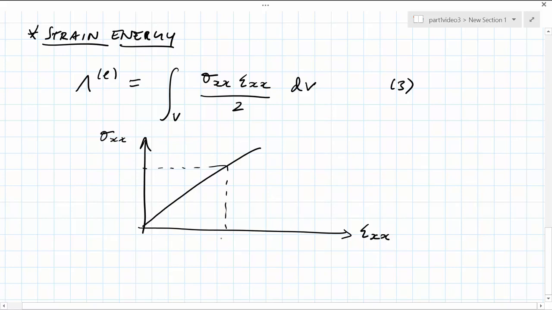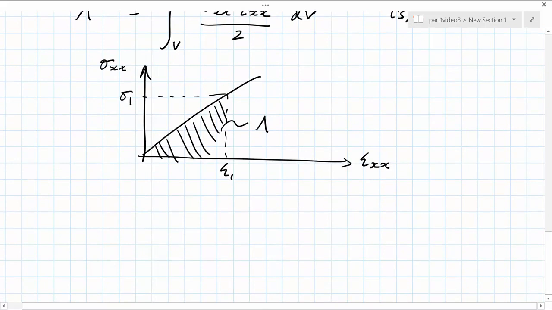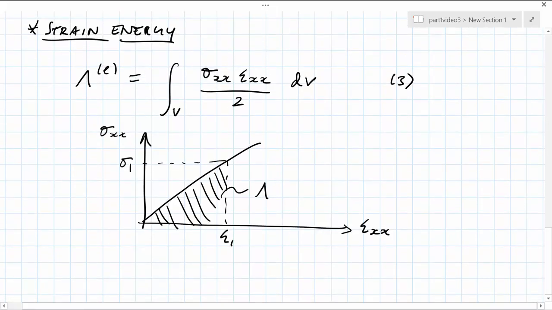Picking two particular values of stress and strain, epsilon 1 and sigma 1, then the strain energy in this case is simply the area under the curve. This explains why we integrate this product. In this course we want to be more general, so for now we will continue to represent strain energy as shown in equation 3.